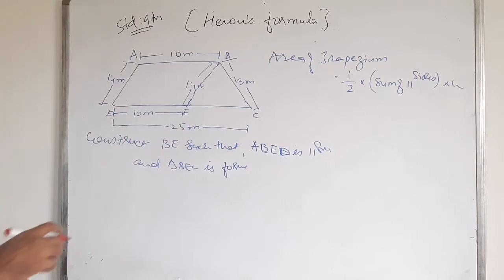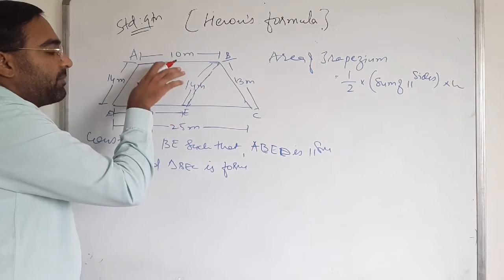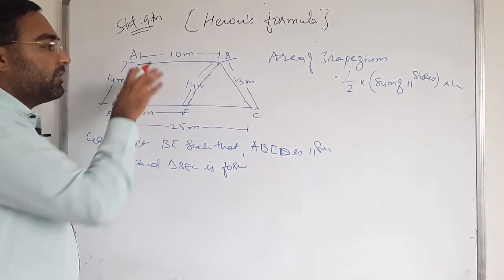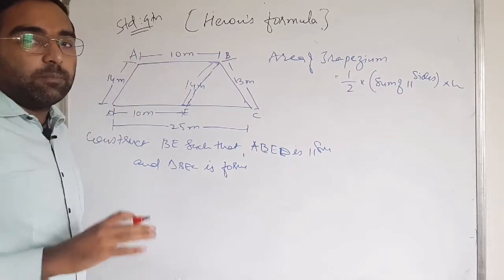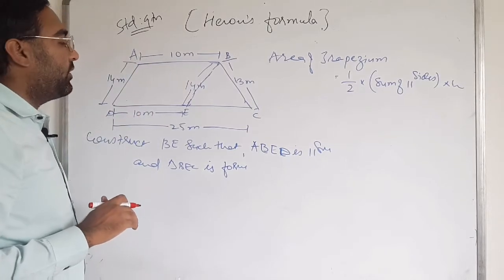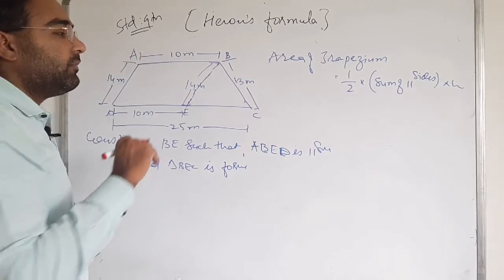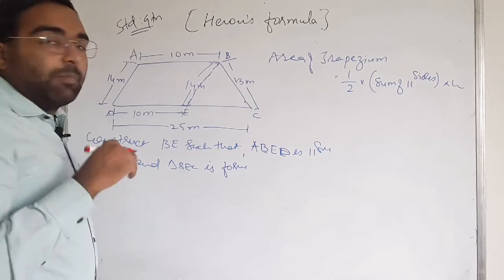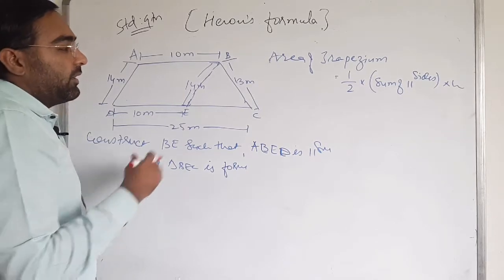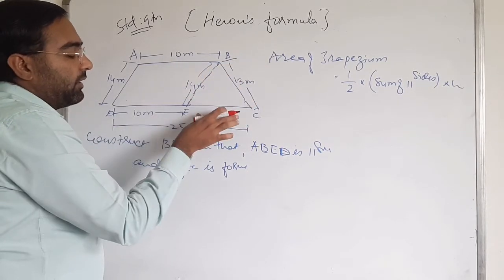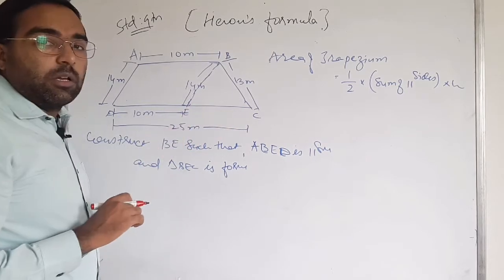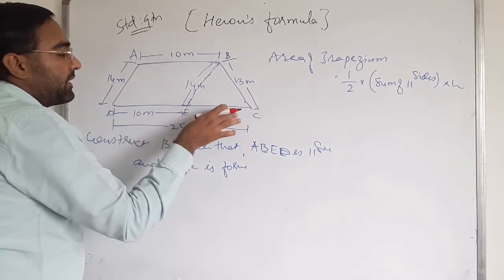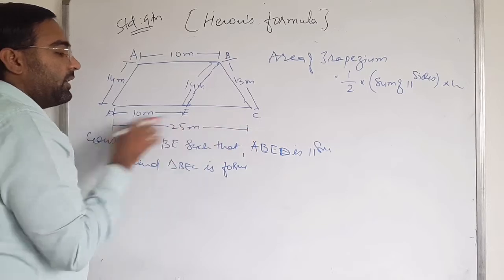The measurements of the parallelogram are given, that is 10, 14, 10, 14. In the triangle the measurements of the sides are 13 and 14, but EC is not given. So we have to find EC from CD.